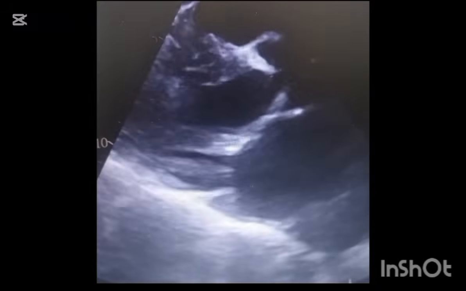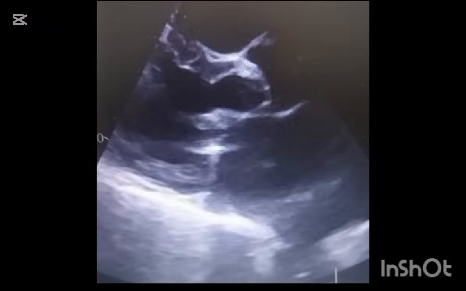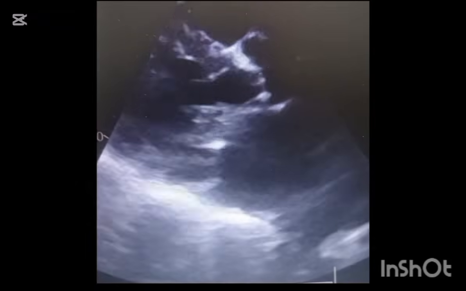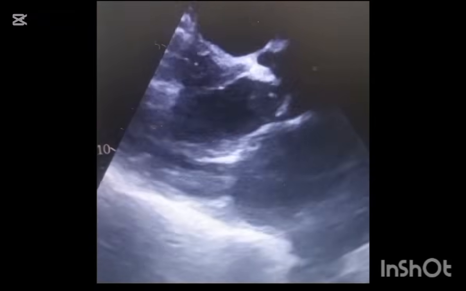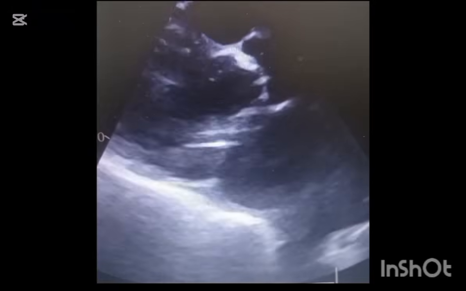You will observe it at the annulus of the mitral leaflet also. So this is a normal variant in that type of patient, not a benign tumor.